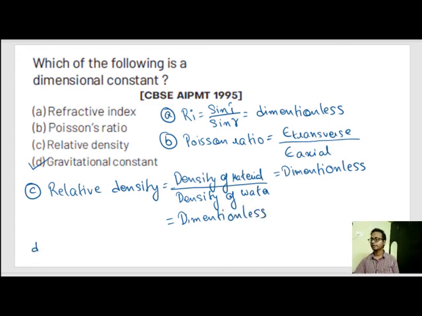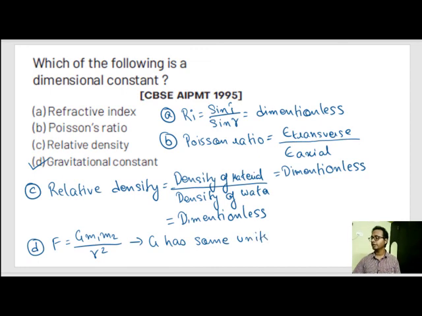And D. Force is equals to G m1 m2 by r square. You can clearly see m1 and m2 by r square doesn't form the units of force. Units are dimension of force. Therefore, G has some units and dimension. Let's proceed to the next question.